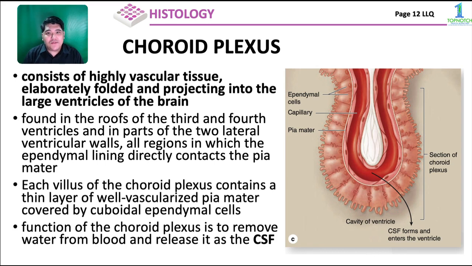Okay, now your choroid plexus is also important because it is important in the production and release of your cerebrospinal fluid. I'm showing you here, that's why I gave this picture, that your ependymal cells, which I included earlier, are part of the important glial cells in the production of your CSF, that form your choroid plexus.